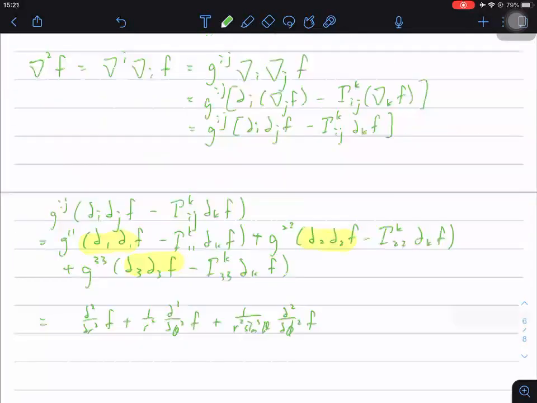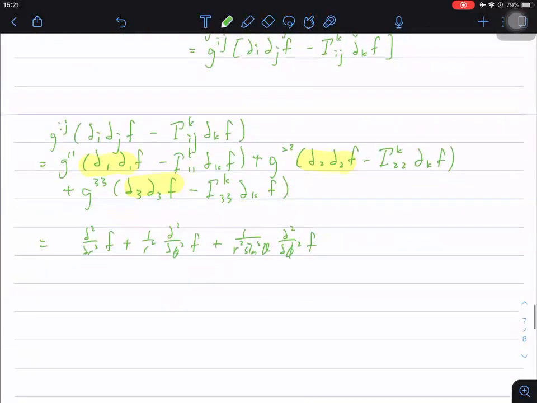Okay, and these terms remain. We have to sum over the Christoffel symbol terms K11, K22, K33.